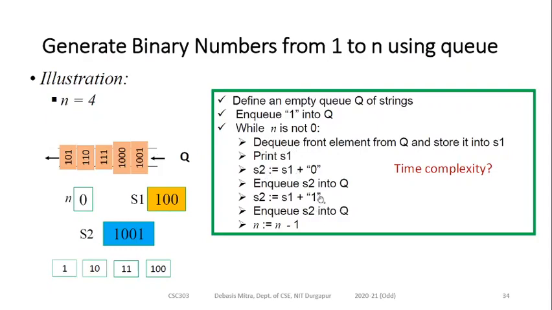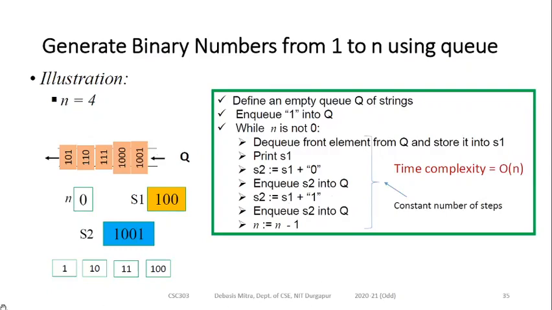When you write it in your program, it may extend to 10 or 15 steps, but the number of operations involves simple operations, just string append operations, enqueuing, dequeuing, this type of stuff. So obviously it will be proportional to n.